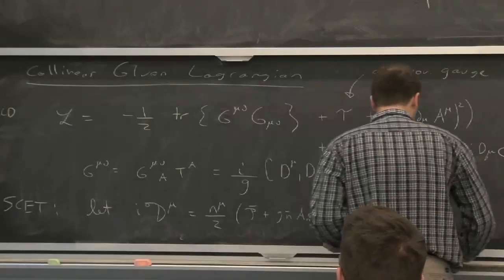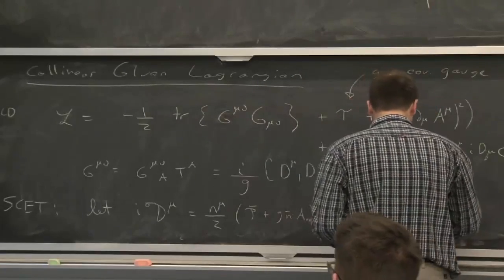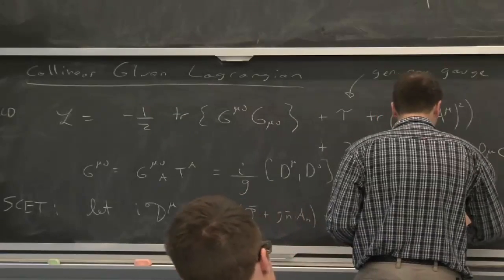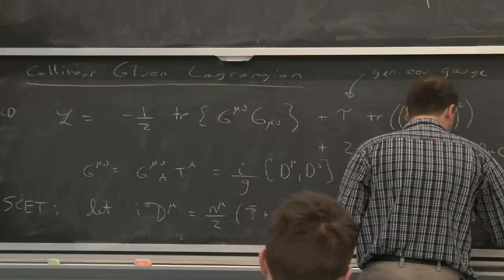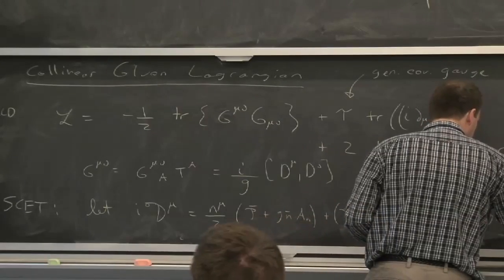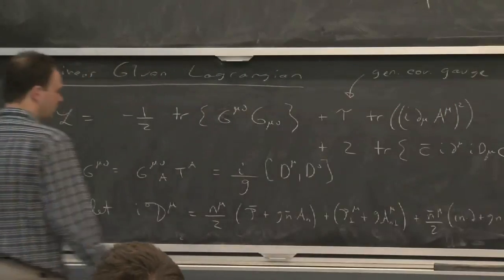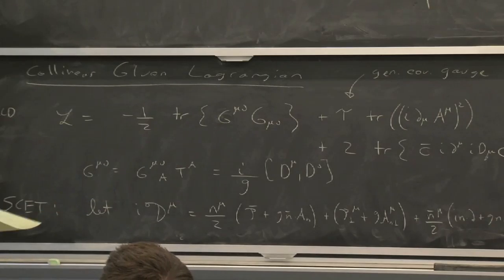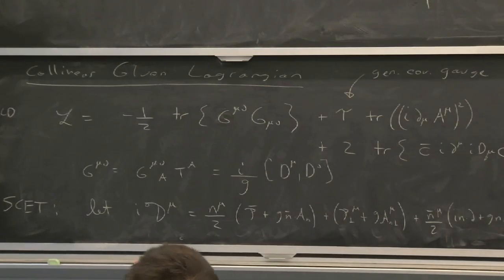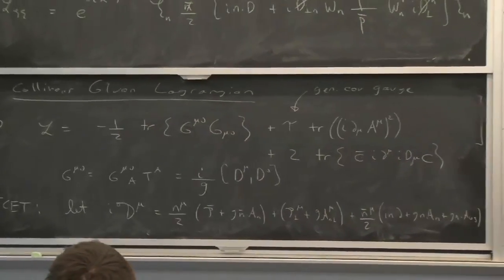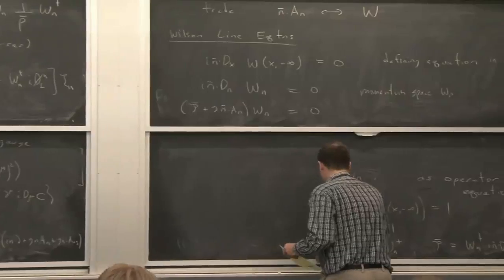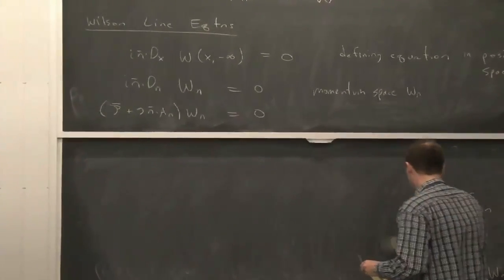So let's set up a curly D that has all the pieces that will survive at leading order. All the pieces that survived were the collinear pieces in perp and n-bar, and then in the n direction, both pieces. And effectively, I'm just changing all the regular Roman Ds in my gluon action into these curly Ds, and that's almost the entire story.